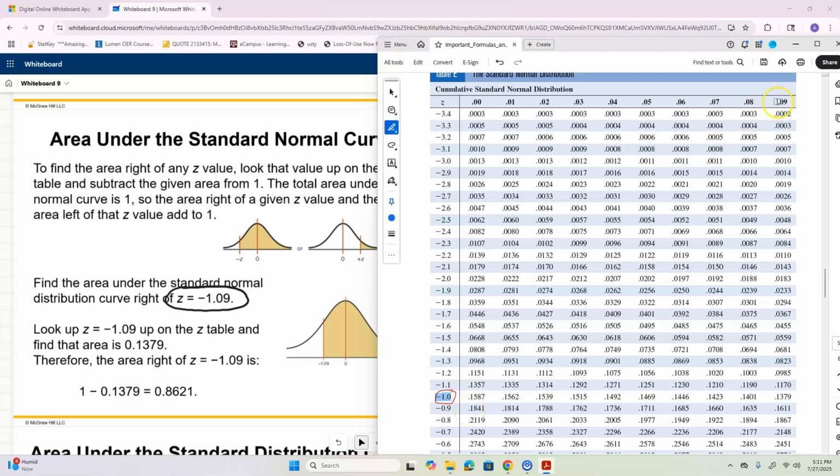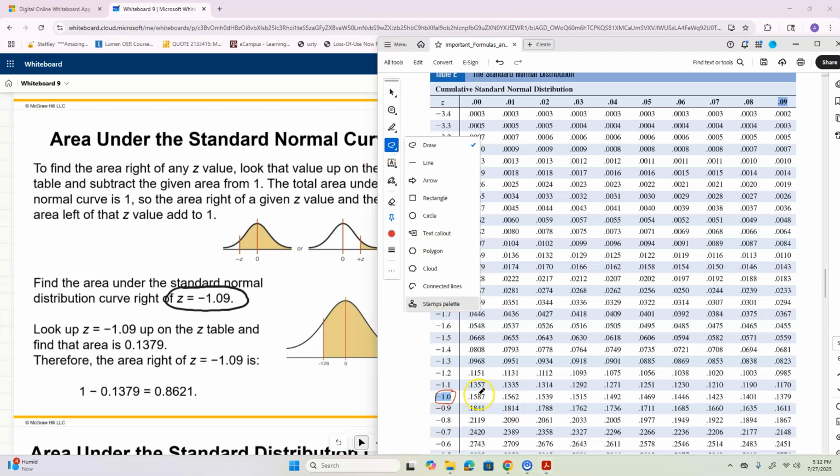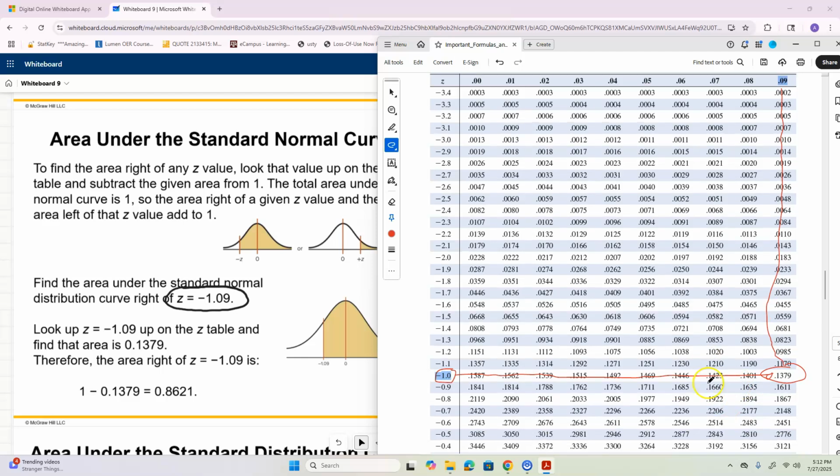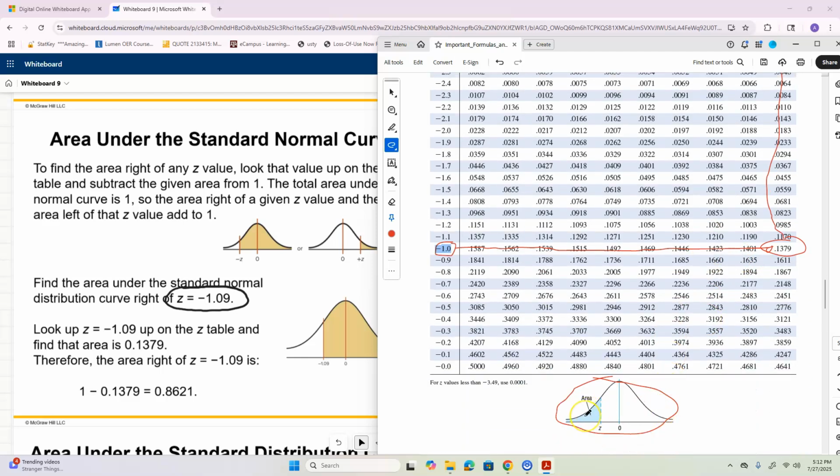I don't know why they keep giving us 9s, but you could have any value, but they gave us a 9 again. And then we're going to follow that across. And if we go 1.09, we're going to meet up with 0.1379. But remember, that's the value to the left. So to the left is 0.1379.